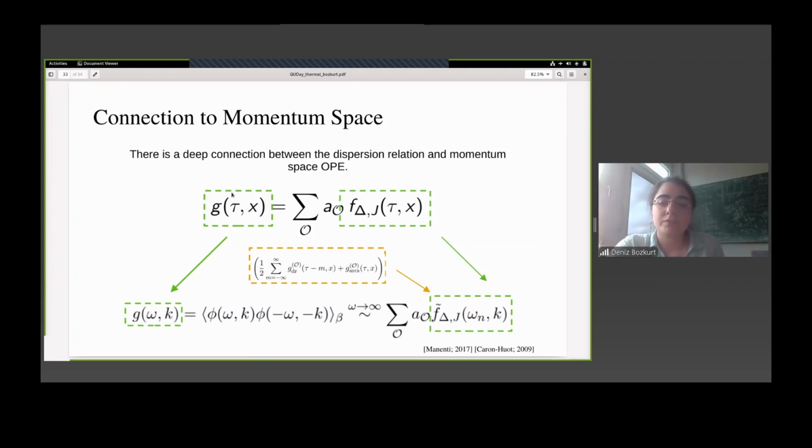It was discovered by these two papers that once you consider a large momentum or large frequency limit in the momentum space correlator, you can indeed formulate a form of operator product expansion in the momentum space.